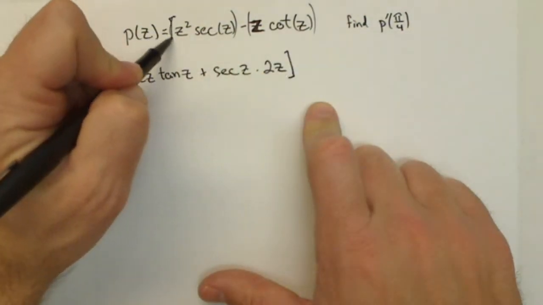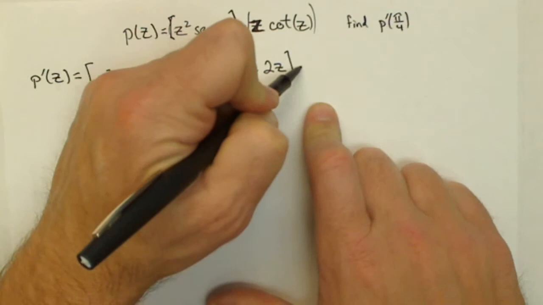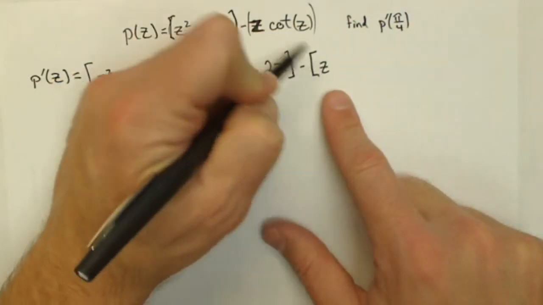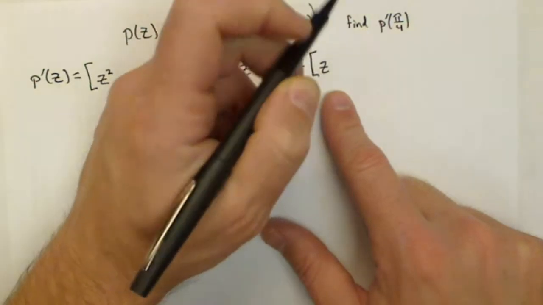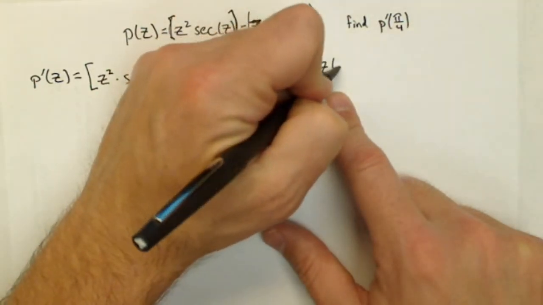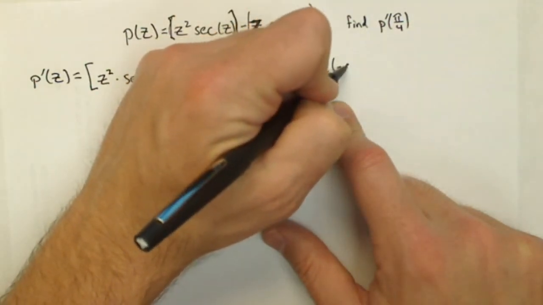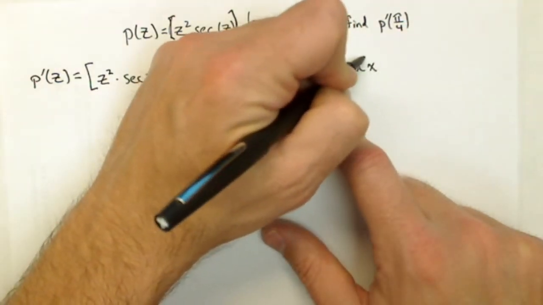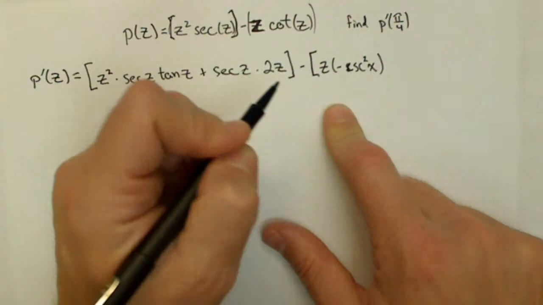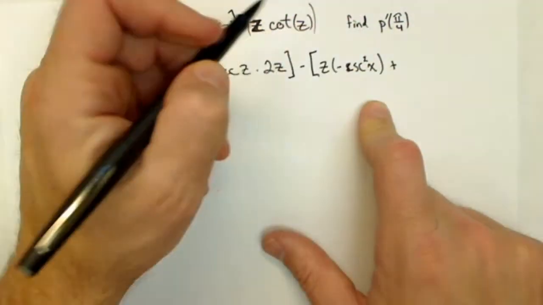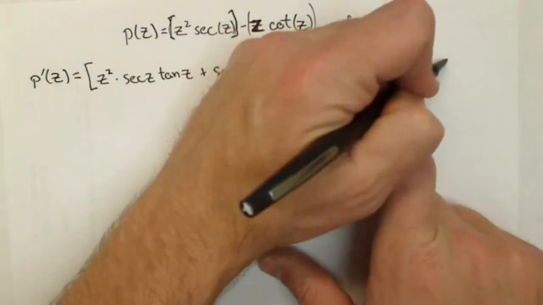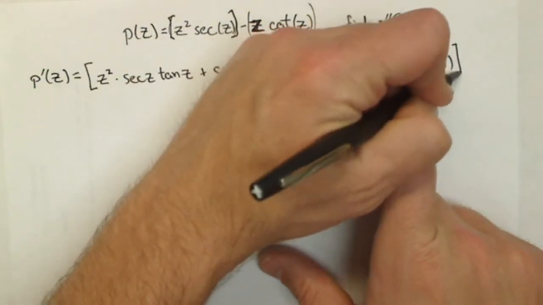So that came from right here, minus. Now we'll hold the z constant times the derivative of cotangent, which is negative cosecant squared of z, plus, now we'll hold the cotangent of z constant times the derivative of z, which is just 1.